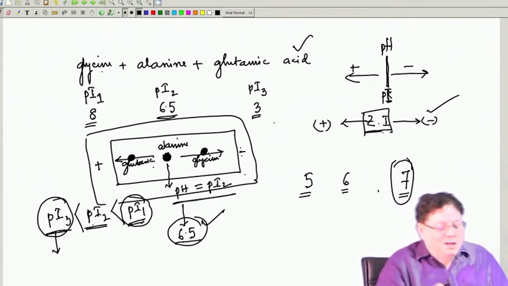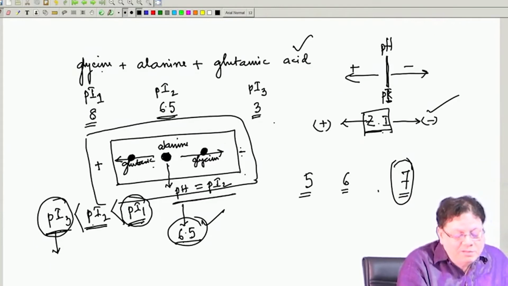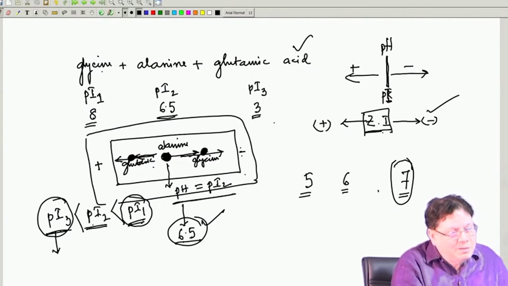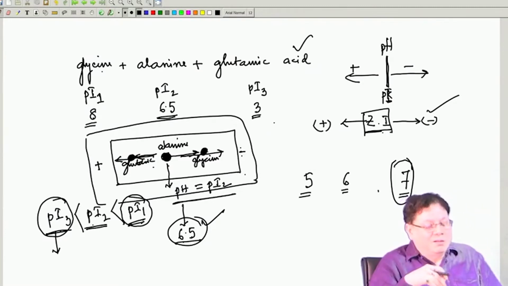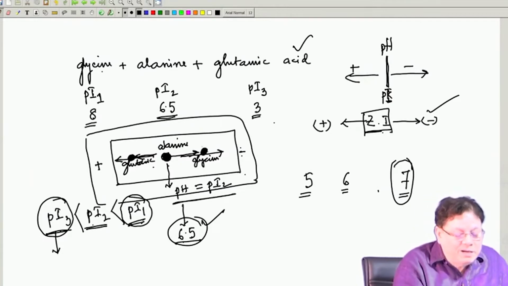Now, in that case also there is another point, this mobility, as I said that molecular weight is an important issue, and there are amino acids having side chains which can form hydrogen bonds, which can form more interactions with the gel.